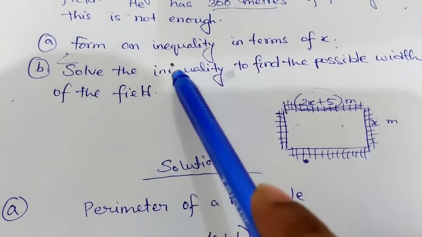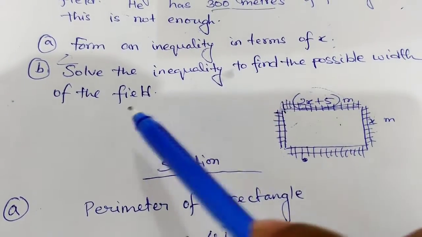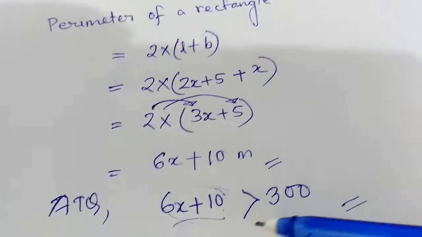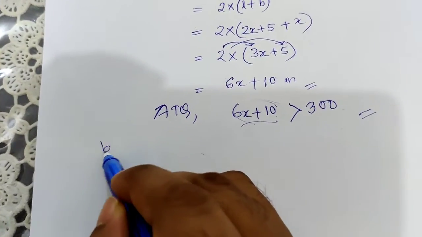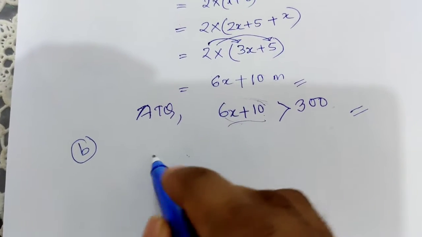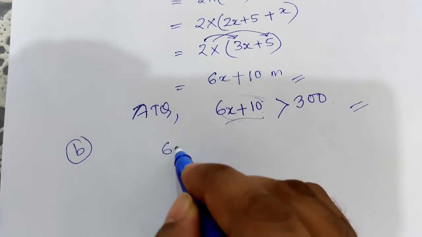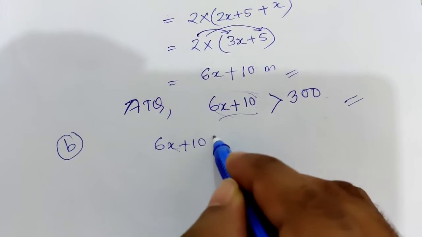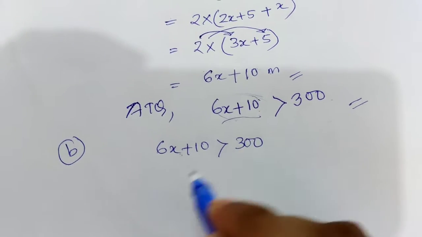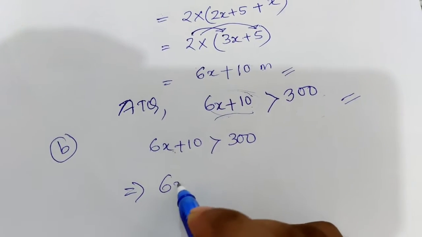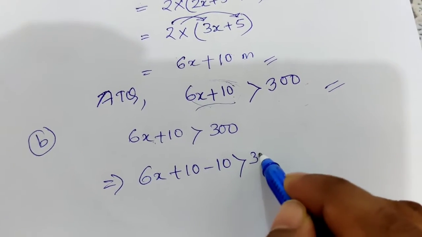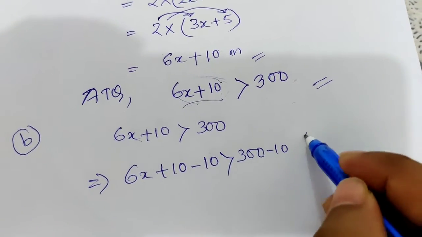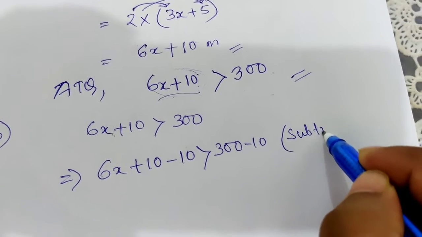Part B, solve the inequality to find the possible width of the field. This one is simple, we just need to solve it. So we can write 6x plus 10 is greater than 300, or 6x plus 10 minus 10 is greater than 300 minus 10, subtracting 10 on both sides.